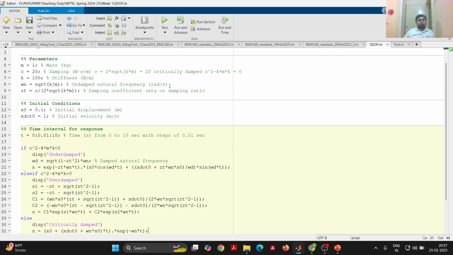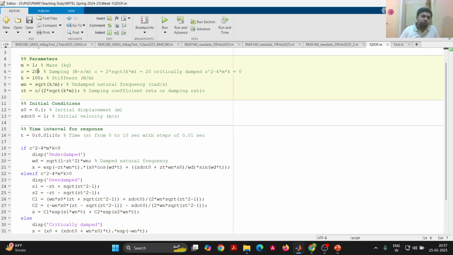We know analytically that 2 times the square root of k times m is the critical damping value, which for these choices of k and m will be 20.